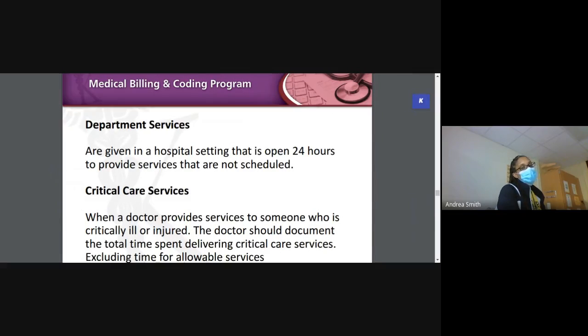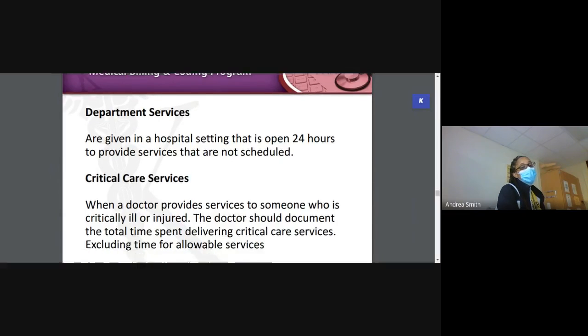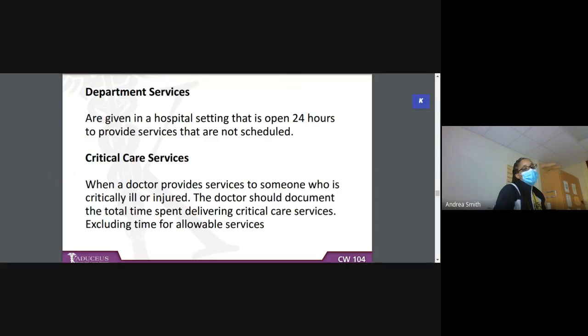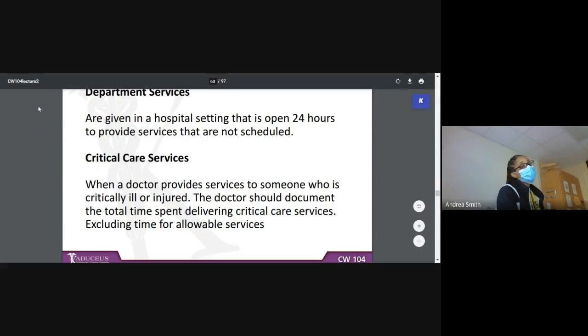This is something that's open 24 hours to provide services that are not scheduled, which is an emergency room. You have critical care services. This is when a doctor provides a service to someone who is critically ill or injured. The doctor should document the total time spent delivering critical care services, excluding time for allowable services. Most of the time, critical care service is not covered.